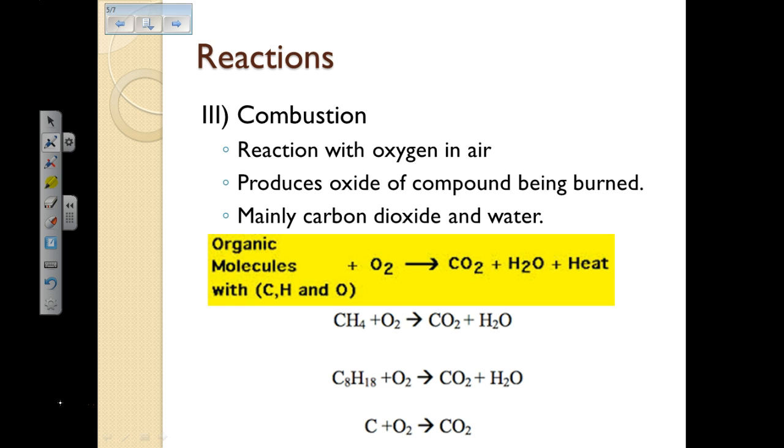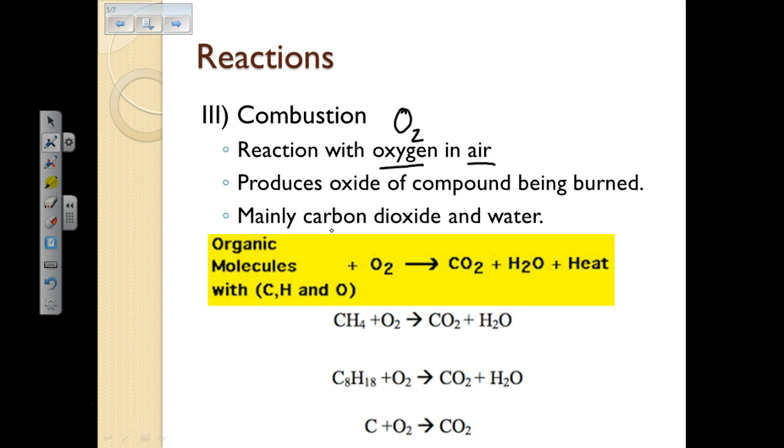But we wanted to talk today about combustion reactions, so let's keep in mind that combustion reactions react with oxygen in air, and maybe more than any other type of reaction, the diatomic thing is going to show up all the time because we're going to react whatever it is with O2.